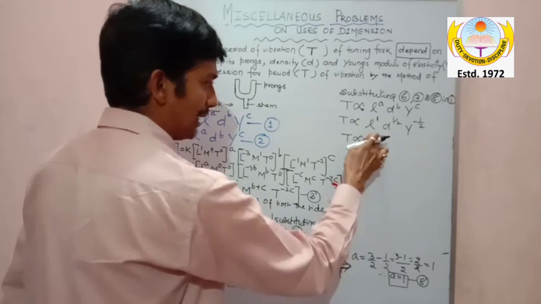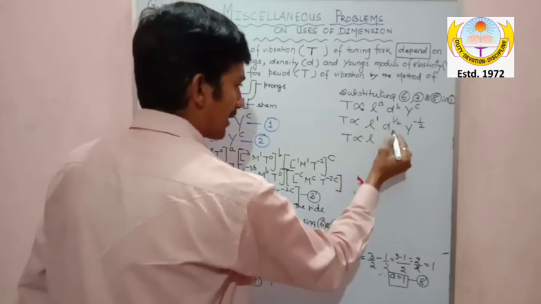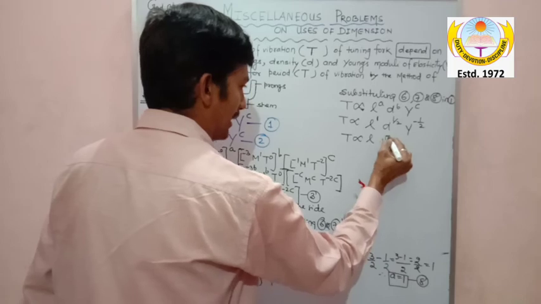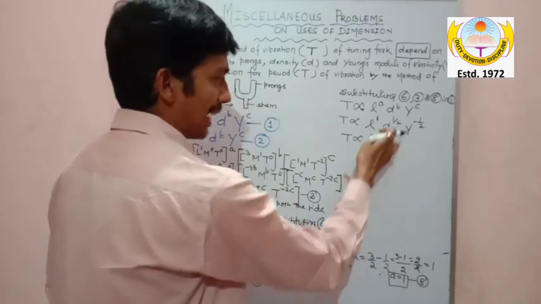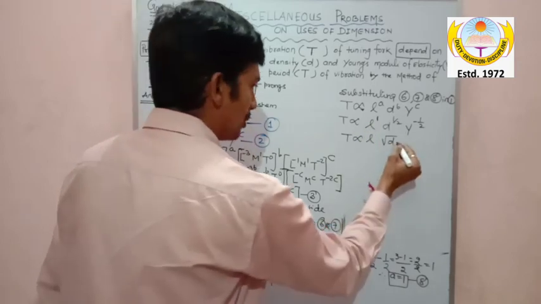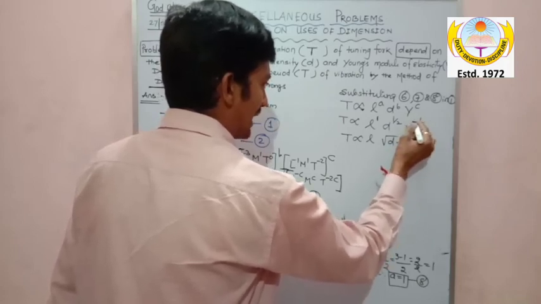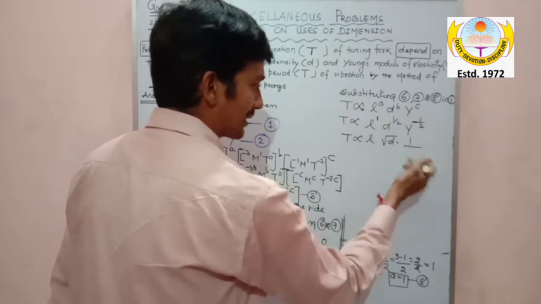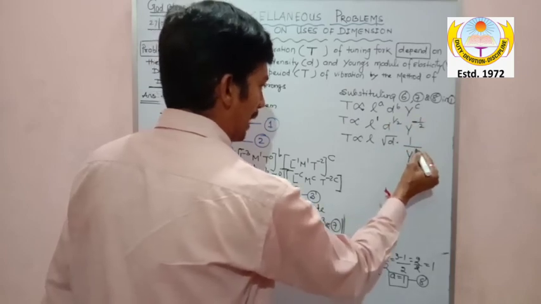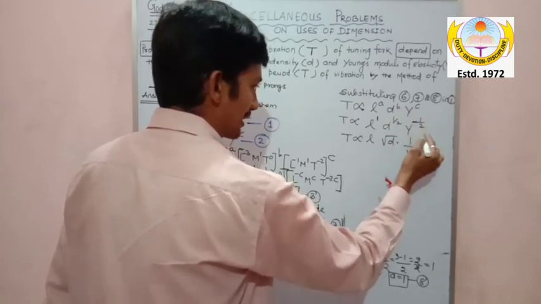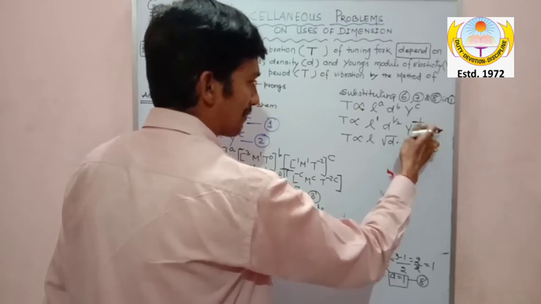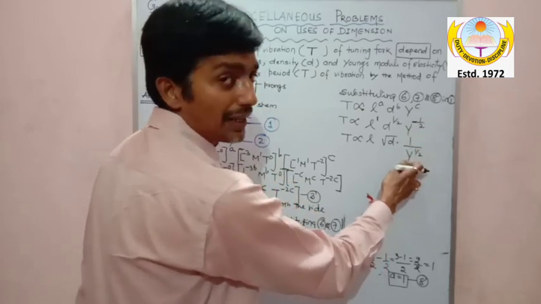No issue, even if 1 is not written. But D power 1 by 2 can be written as root D. Whenever there is a minus, it will be 1 upon, because it will be inverse. Y power minus half can be written as 1 upon Y power half.